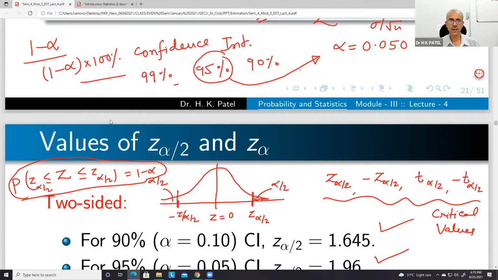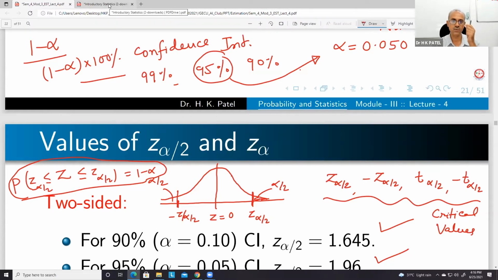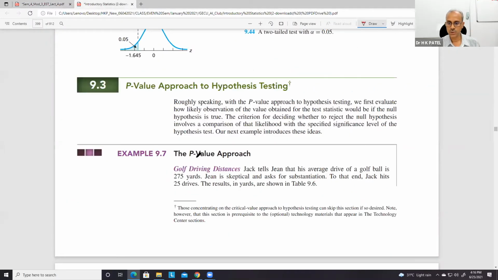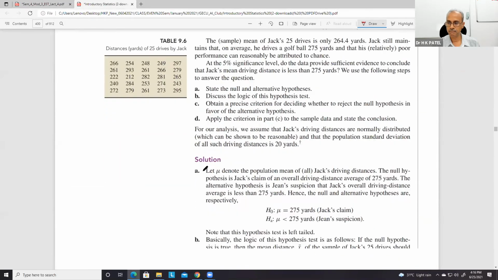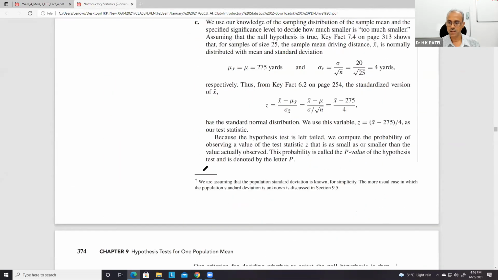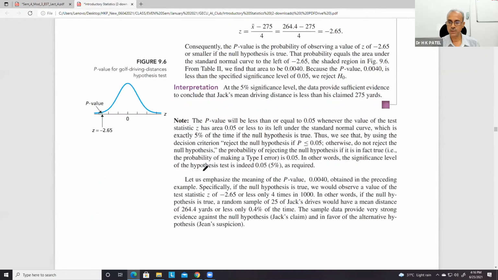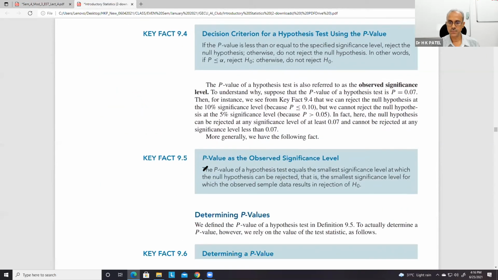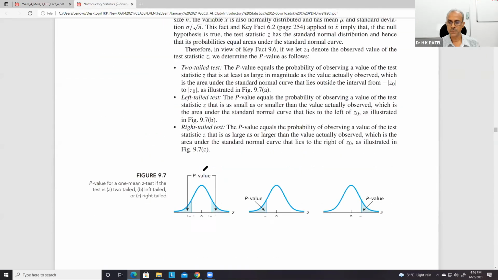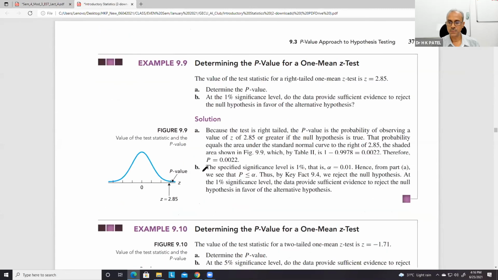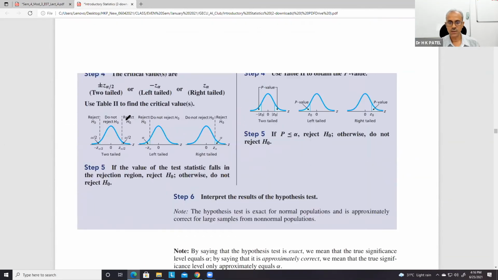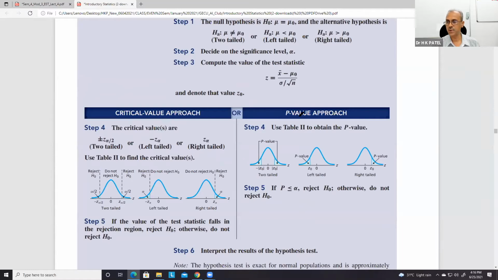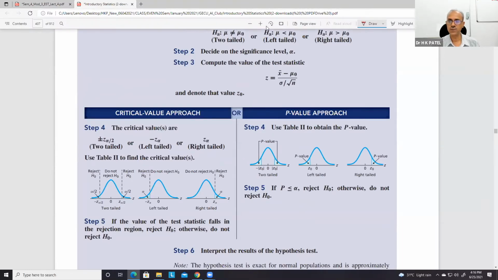But in case of hypothesis test, just see this here. Again we have two approaches: critical value approach and p-value approach. Let us first see the critical value approach.